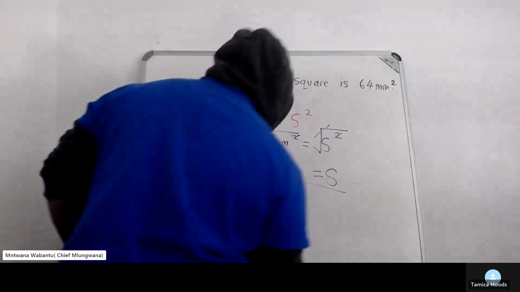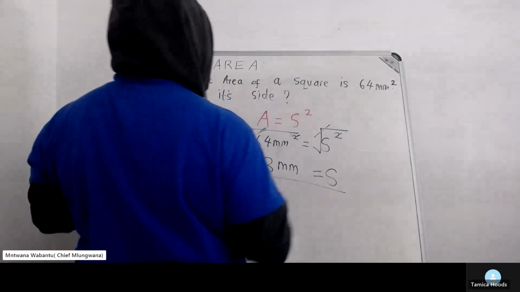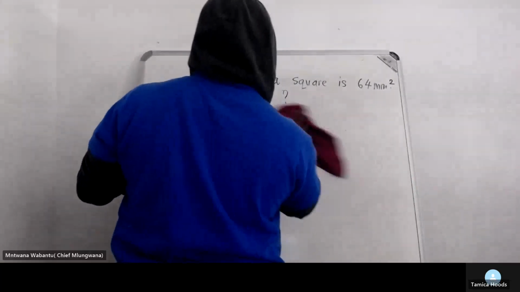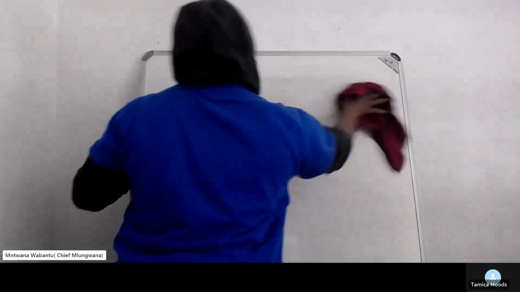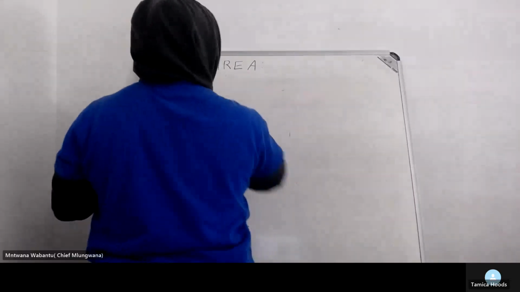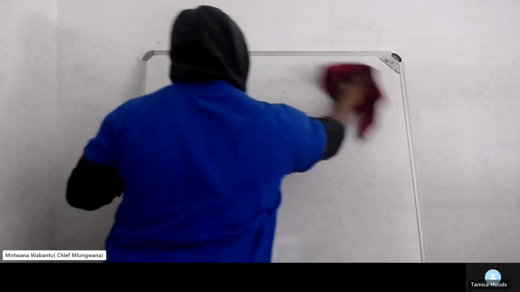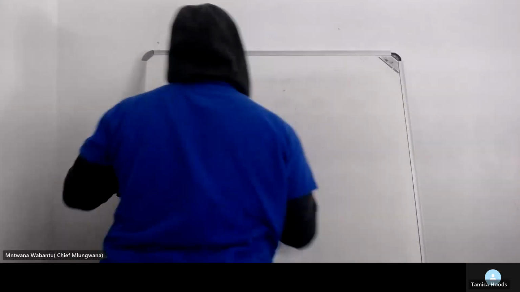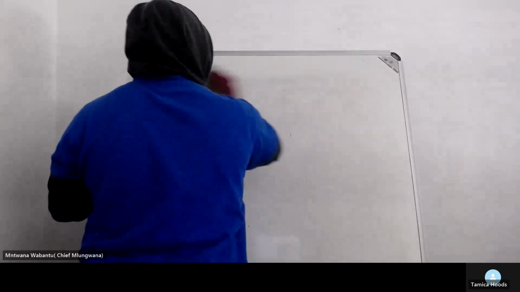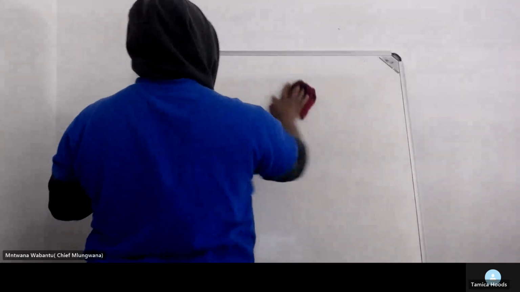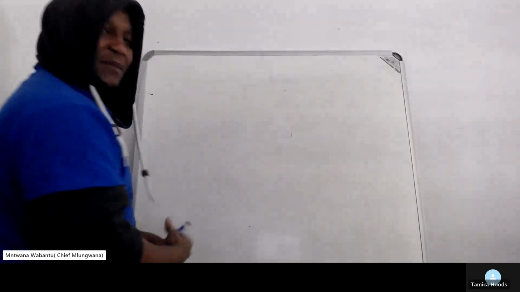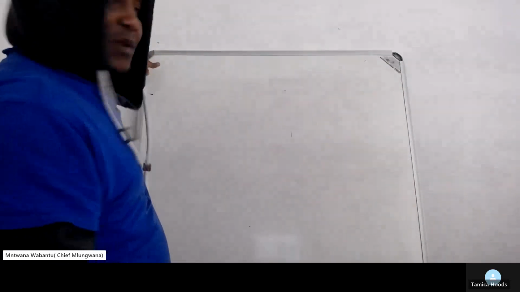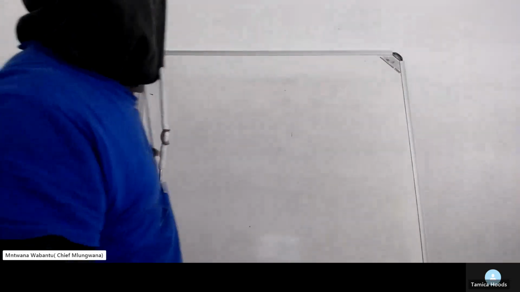Okay. Now let's check the perimeter of a square. What is the perimeter meaning? When somebody says find the perimeter, it is like you walk the length and add them together.